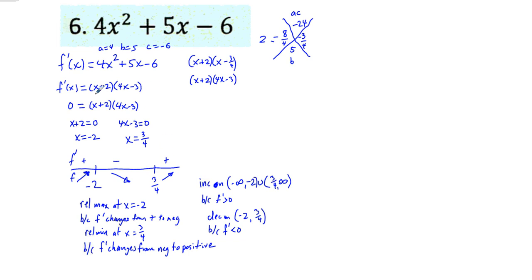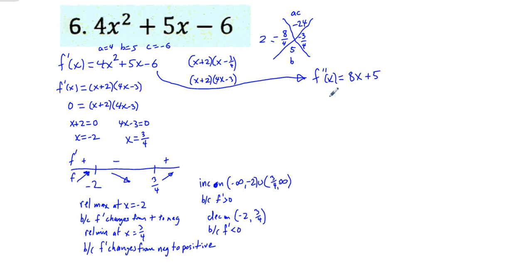Next, points of inflection. Okay, we're going to have the second derivative, so I'm going to arrow over here to the right, open space here. F double prime of x is equal to 8x plus 5.